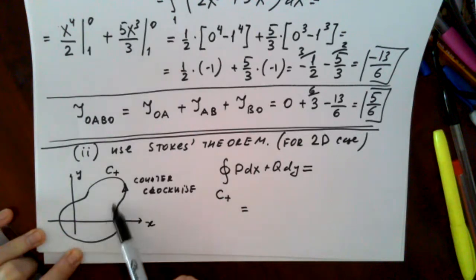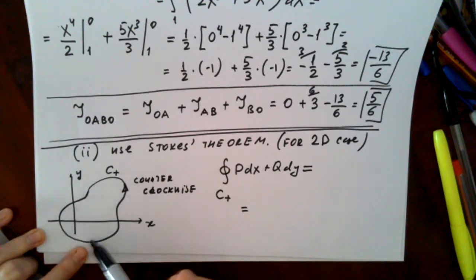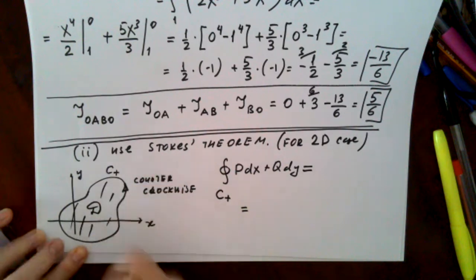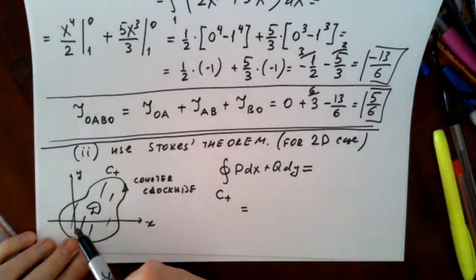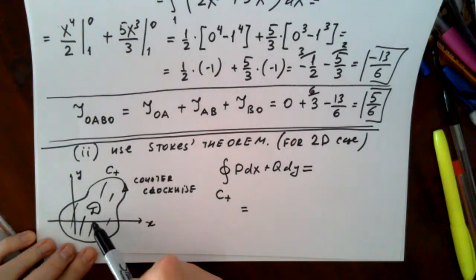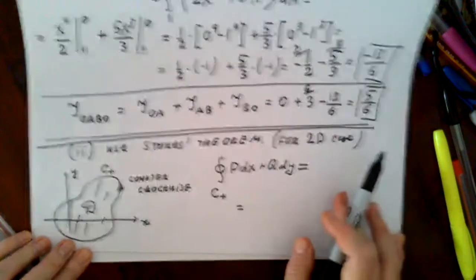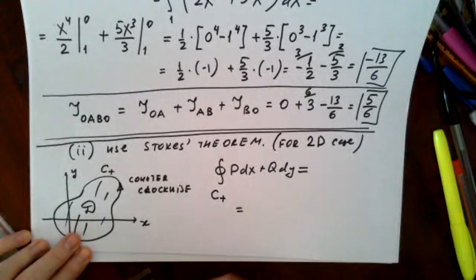What is the next method? If you look at this plot, you realize that this enclosed curve always contains some region D inside it. And region D is always associated in our mind with double integrals. And it turns out that Stokes theorem is exactly about double integrals.